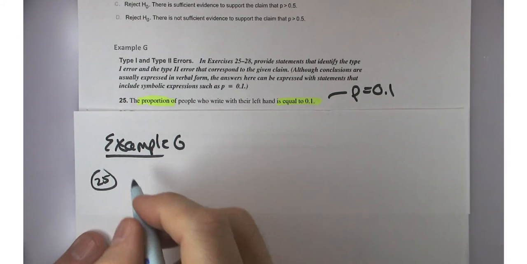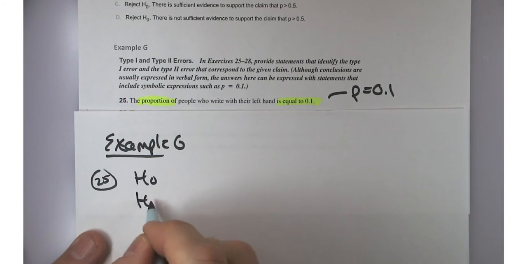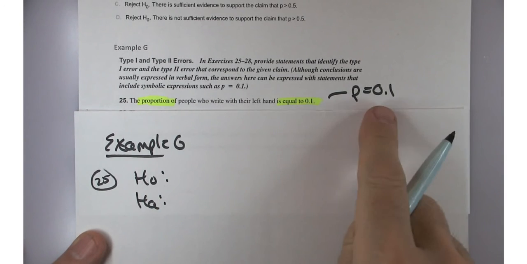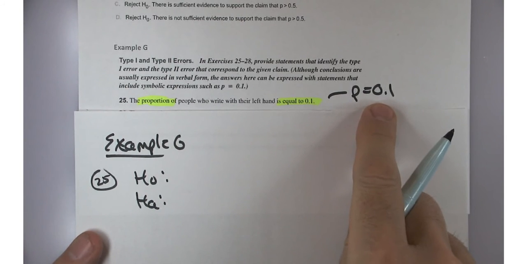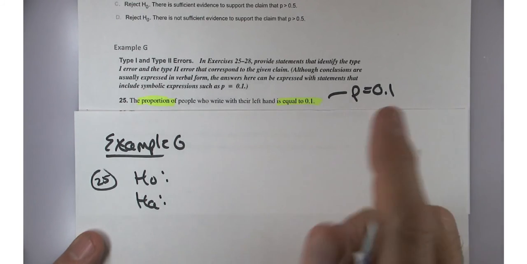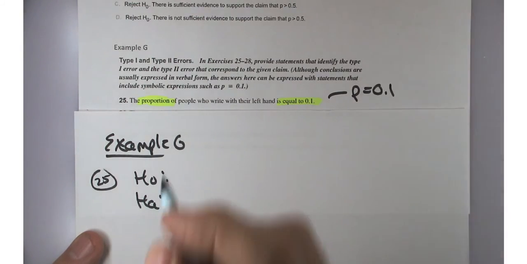Great. What hypothesis does that go into? p equals 0.1. Is it HA?